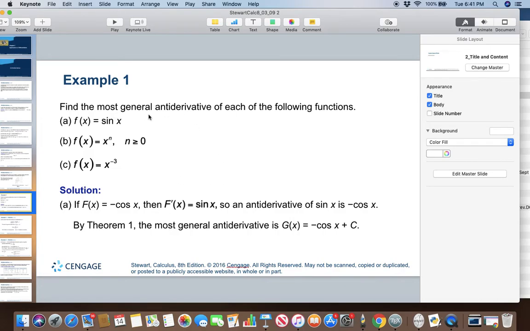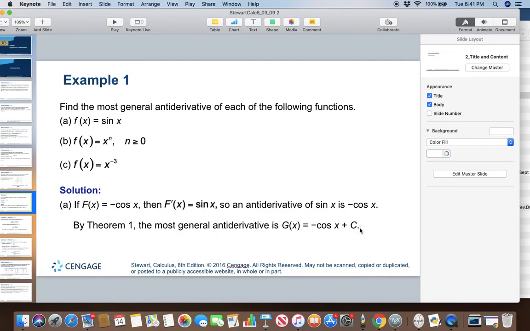Find the most general antiderivative. So this is what it means to say most general. When you write plus c, it is most general. If you don't write plus c, say you erase it, then what you are left with is just one antiderivative.